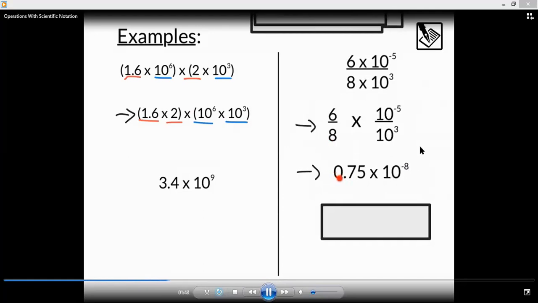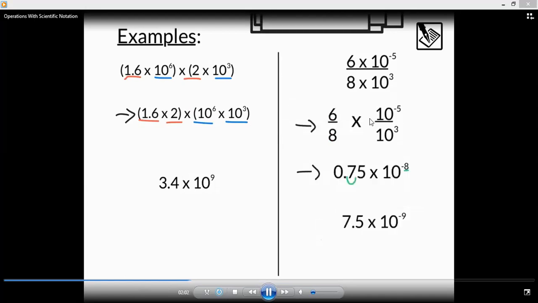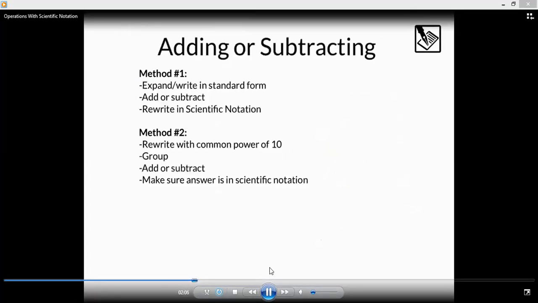Now I want to simplify 0.75 times 10 to the power of negative 8. Is this one written in scientific notation? For sure not. As I said here, we have to make sure the answer is in scientific notation.